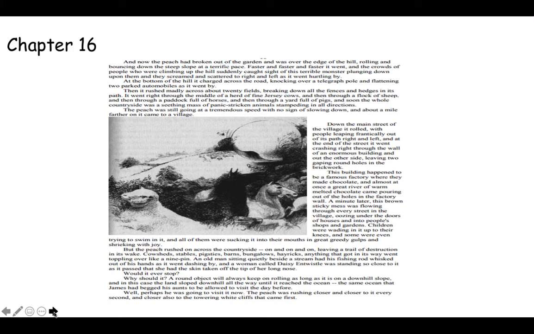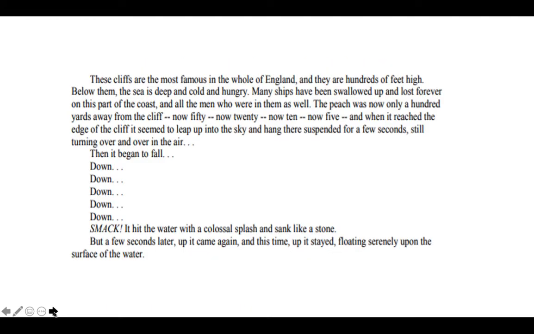The peach was rushing closer and closer to it every second, and closer also to the towering white cliffs that came first. These cliffs are the most famous in the whole of England, and they are hundreds of feet high. Below them the sea is deep and cold and hungry. Many ships have been swallowed up and lost forever on this part of the coast, and all the men who were in them as well.